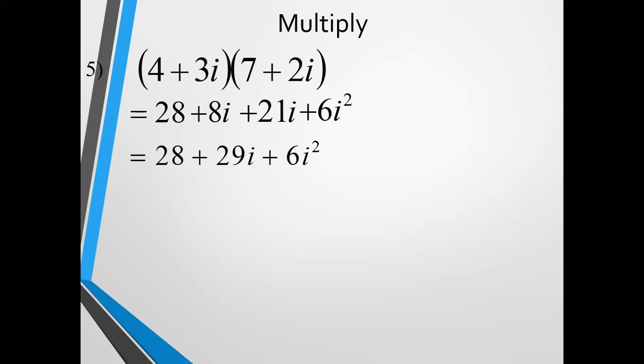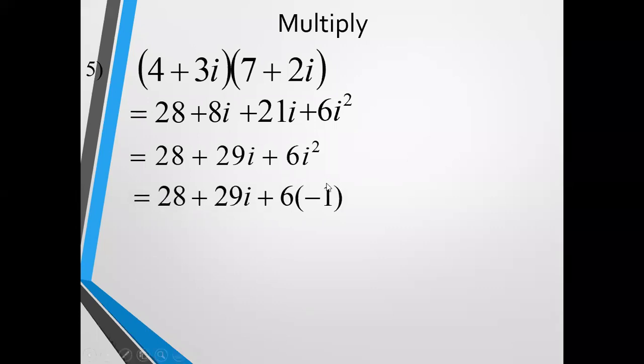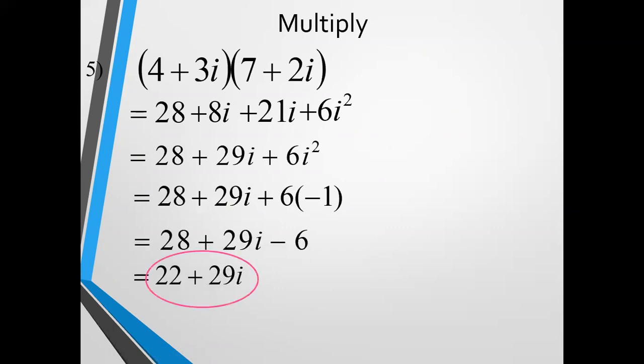So it will be 6 multiplied by -1. When you multiply 6 by -1, it's going to give you -6. So you remove 6 from 28. It's going to give you 22. Am I right? So it's going to be 22 plus 29i.